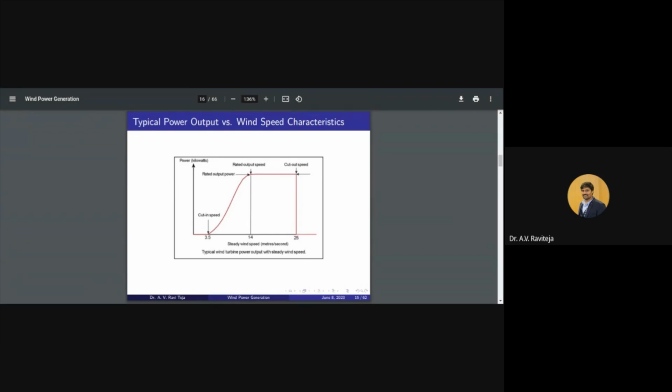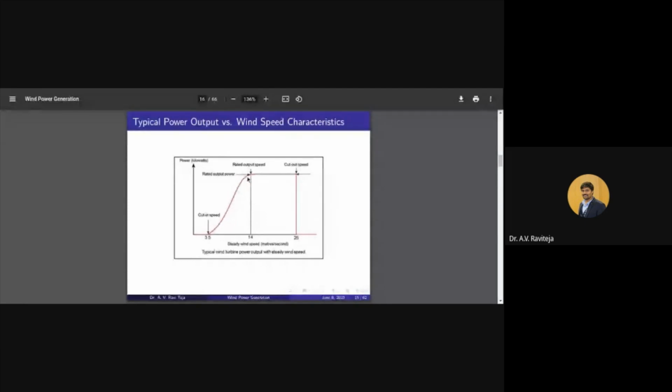Otherwise, it will damage the entire equipment. Once you cross the rated ratings, the generator will carry more current than its rating, the converter will have more current than its rating, then all equipment will start getting damaged because we are exceeding their ratings. So we have to do some protection to stop the turbine from moving. Okay.